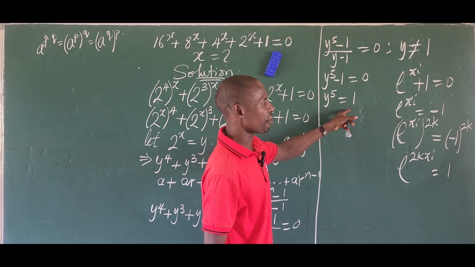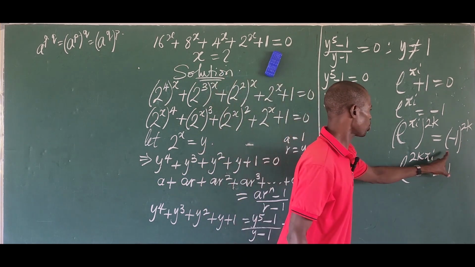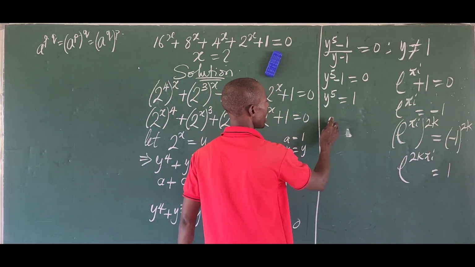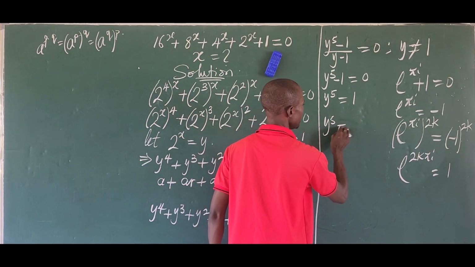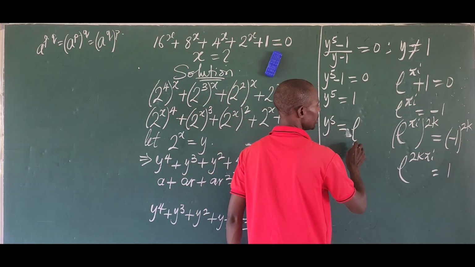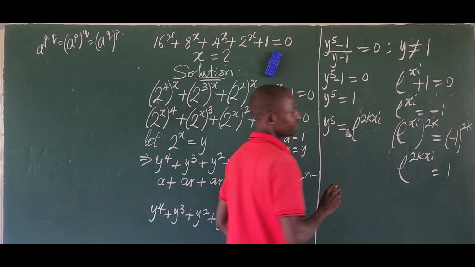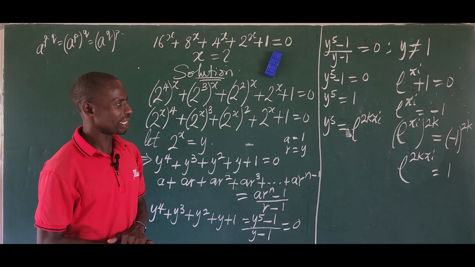We come back to our original equation, so we can substitute this whole expression in place of 1. So we now have y to the power of 5 is equal to e to the power of 2k pi i. Are we getting something here?